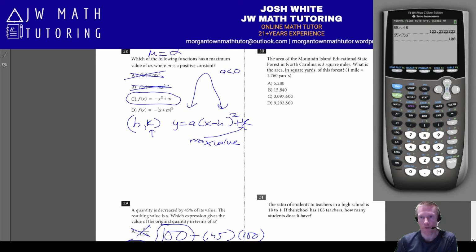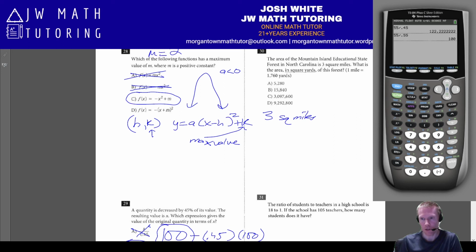Now, at the top of the page for problem number 30, this is basically a unit conversion problem. And it's actually not that difficult because they give you the conversion between miles and yards. So the area of this forest is 3 square miles. Okay, so we got 3 square miles, but they want to know it in square yards.